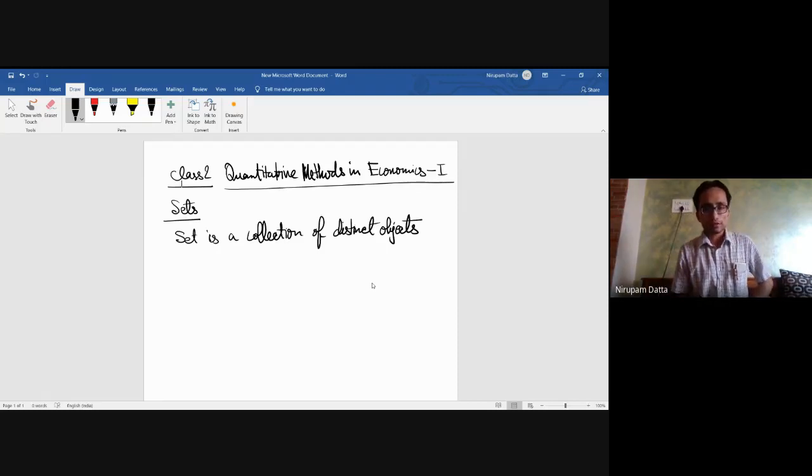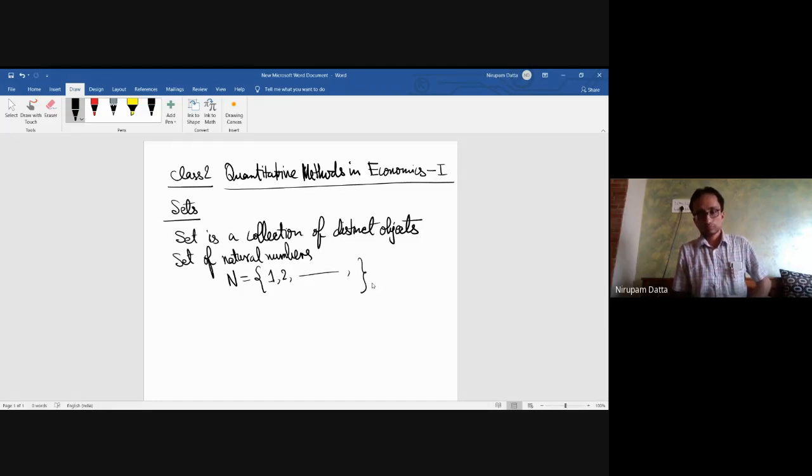So what can those sets be? They can be a set of natural numbers, that is N equal to 1, 2, and so on. Whenever we write a set, we write the collection of distinct objects within braces, and we define that set by a particular alphabet.